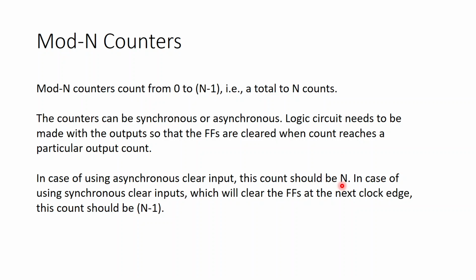However, if you are trying to design synchronous resetting, then you should clear the flip-flops at the next clock edge, and the count with which you make the logic circuit should be n minus 1.